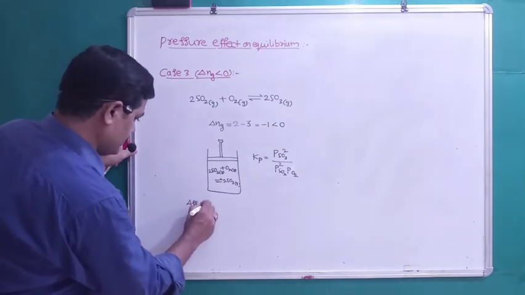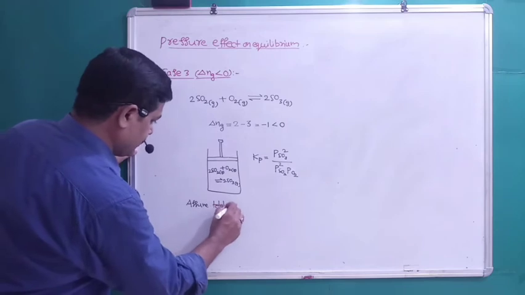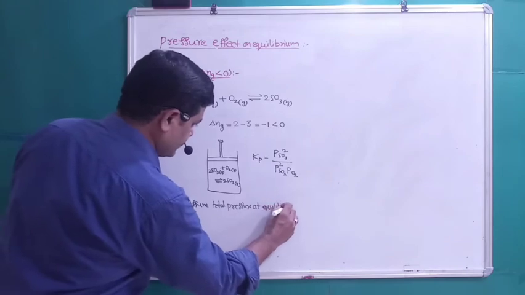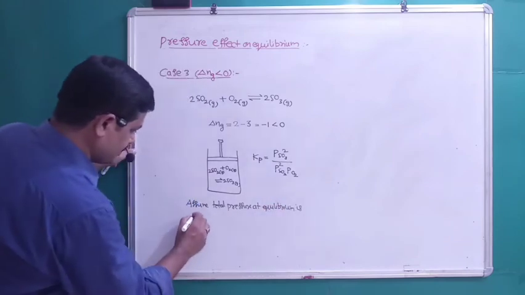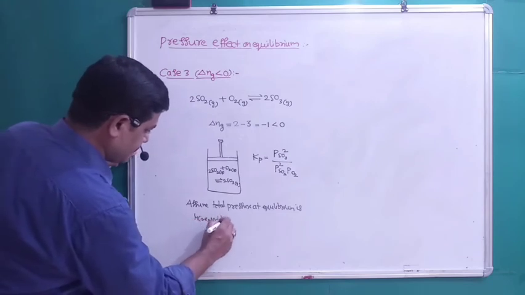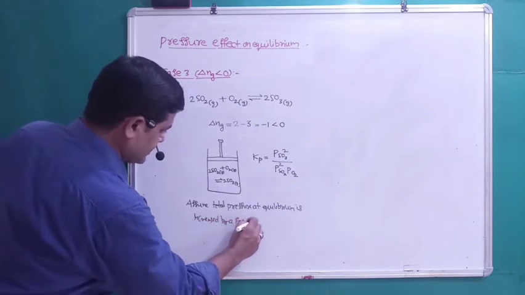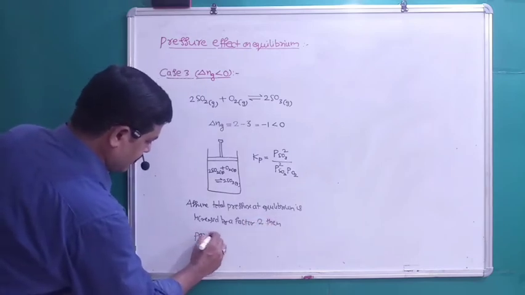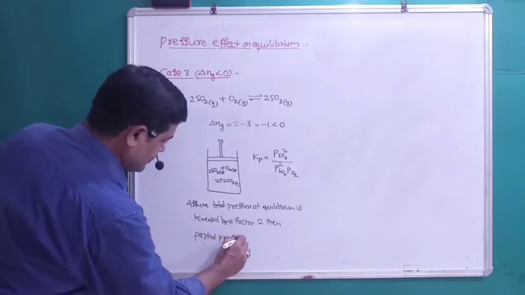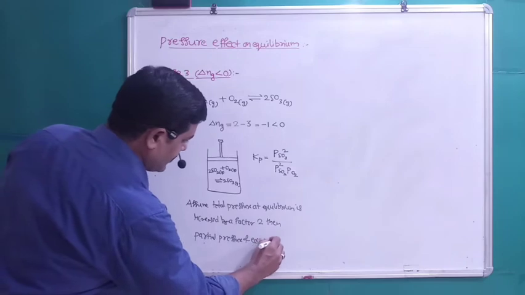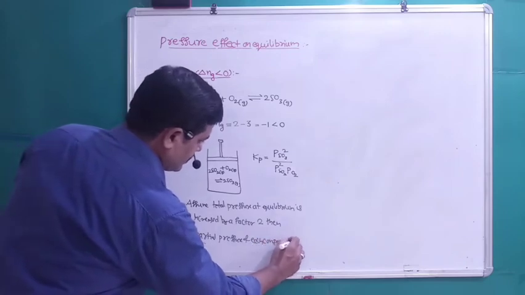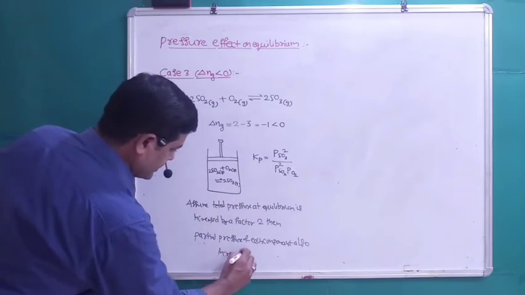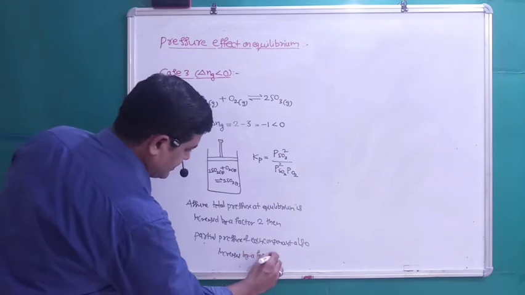Assume the total pressure at equilibrium is increased by a factor 2. Then the partial pressure of each component also increases by a factor 2.